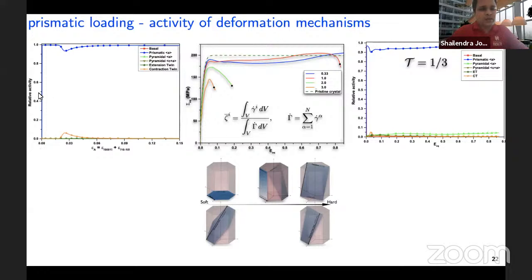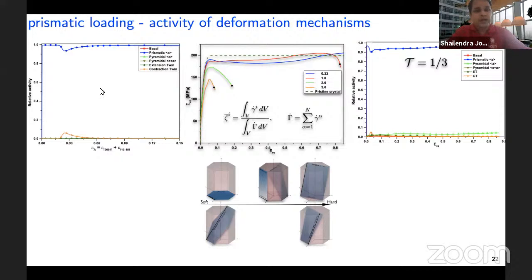These are called relative activities, shown by this equation, zeta, which is the volume averaged slip rate, or the activity rate of a particular mode divided by the total slip rate activity in the given volume.